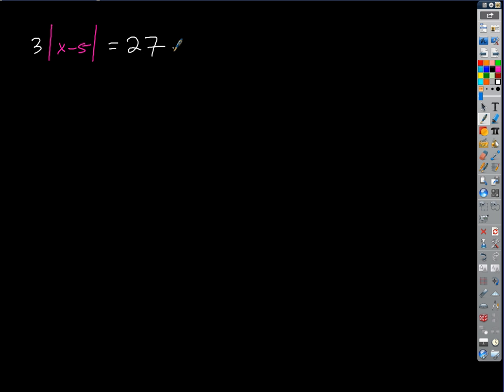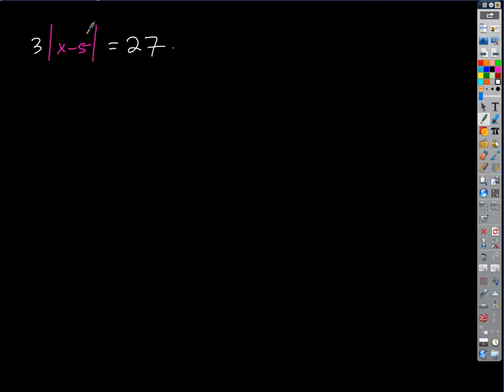Now, a real common thing that people want to do is distribute the 3, because if those were parentheses instead of absolute value bars, we could. But you can't do normal math with absolute value functions. We can't distribute that 3. If we do, we're going to get a wrong answer.